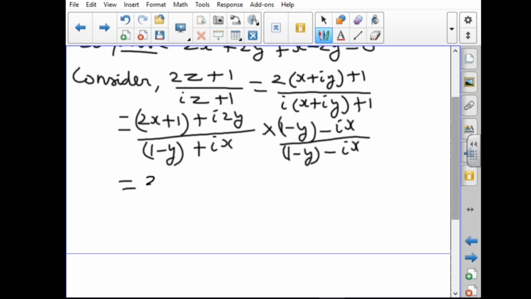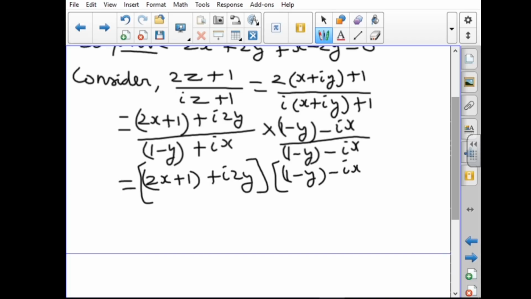So we just write this: (2x plus 1 plus i2y) into (1 minus y minus ix). The denominator is (a plus ib) into (a minus ib) is equal to a square plus b square, or (x plus iy) into (x minus iy) is x square plus y square. So here we get (1 minus y) the whole square plus x square.